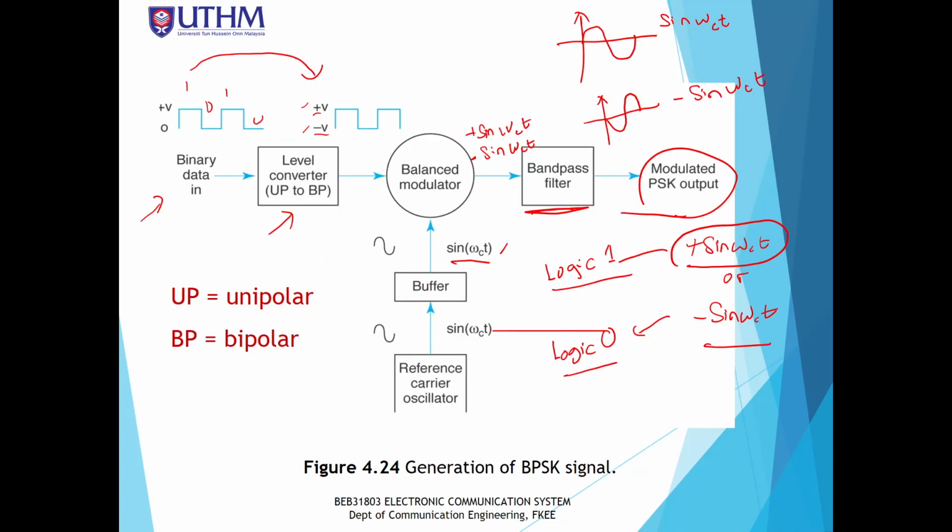If you see from the transmitter, negative voltage multiplied with sine, so you're going to produce negative sine at the output of the transmitter. So logic 0 input will be represented by negative sine. Logic 1 input at the transmitter will be represented by positive sine.